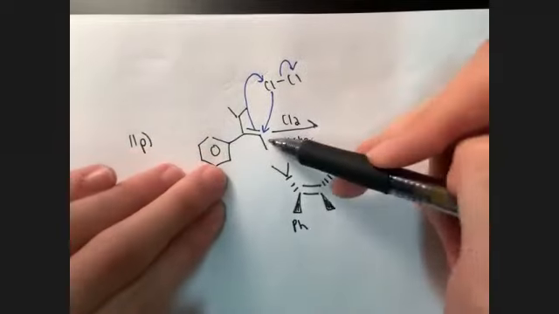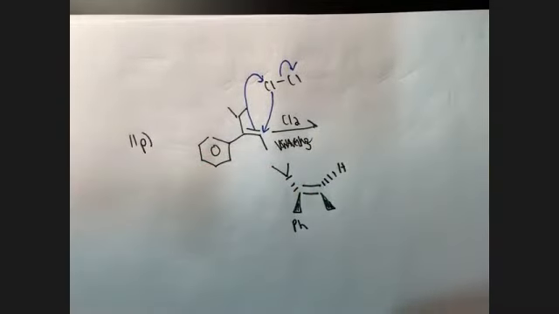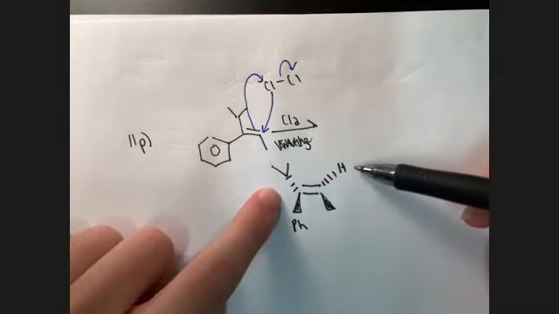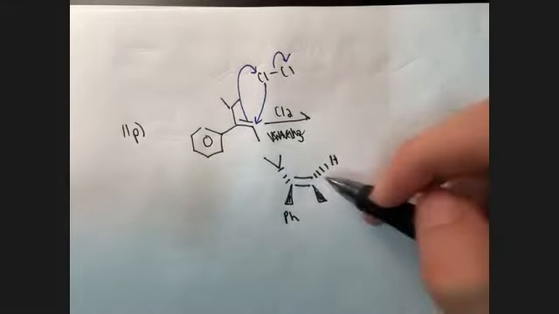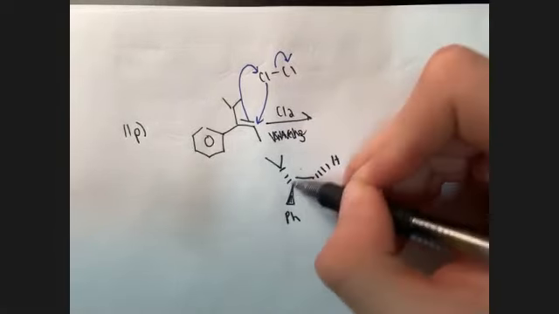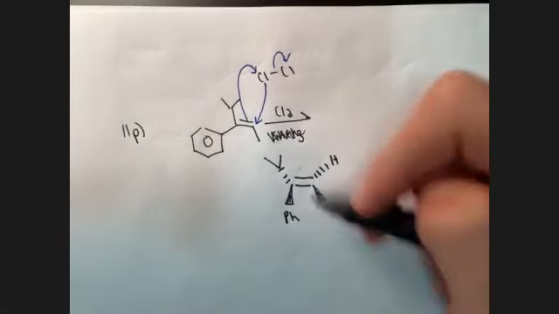So that all makes sense. All I did was take this flat structure and rotate it like this, and now that means the benzene and the methyl are going to stick out at me, and then the isopropyl and the hydrogen are going to go into the board. So it's flat now. It's basically how I'm looking at it. The reason I did this is the chlorine bridge can form on the top face of that pi bond, or it can form on the bottom face.